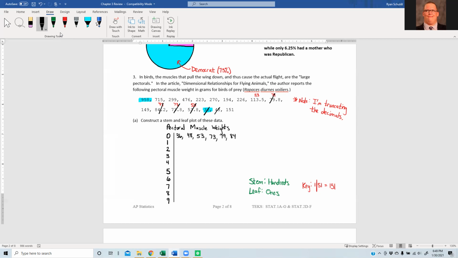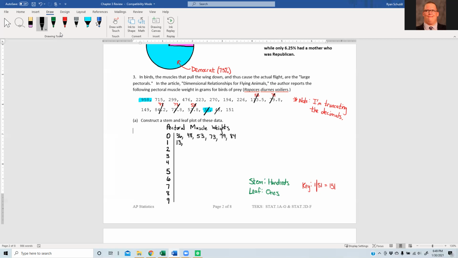So now I'm going to look for the 100s. I have a 149, a 113. Okay, that's going to be my lowest, 113. So 113. And it's looking like a 149, maybe.